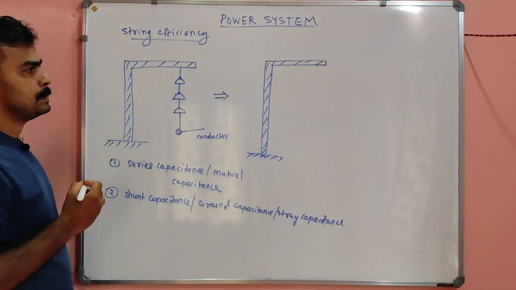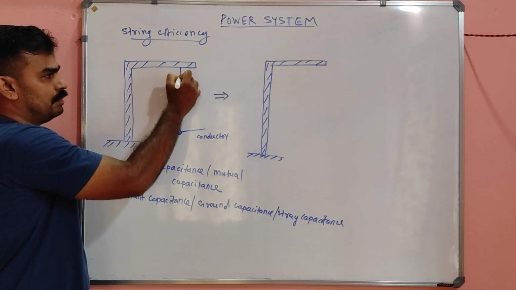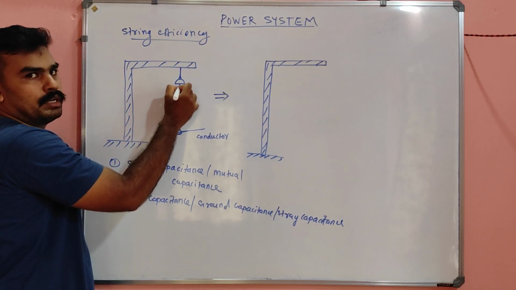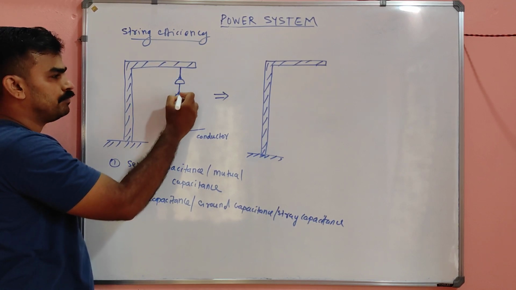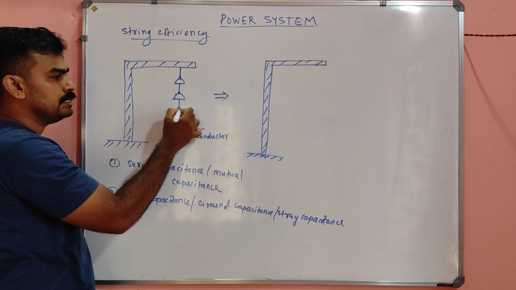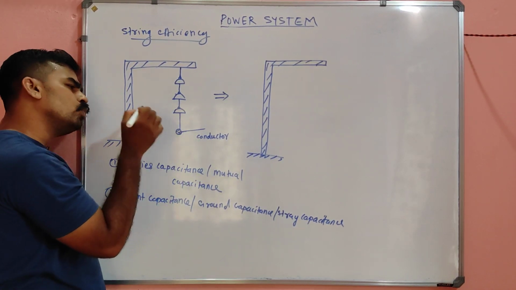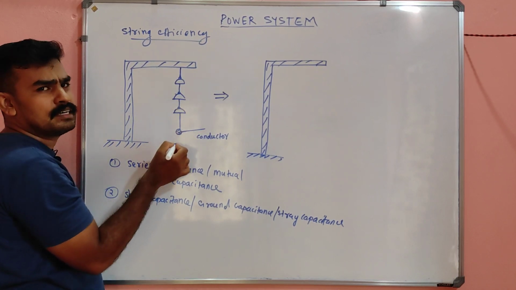See my dears, this is the metal conductor and this is a metal pin. This metal pin is ultimately connected to an insulator, and this is again a metal pin, and finally it is connected to a conductor. So there is always a small leakage current through this.